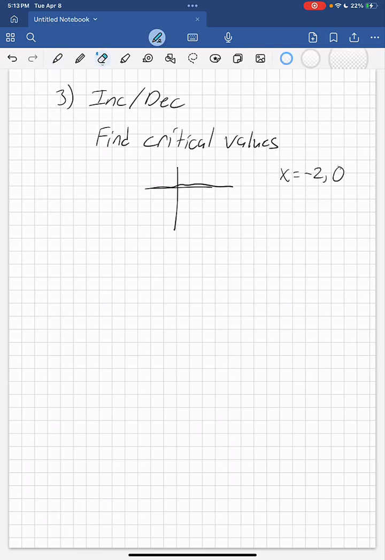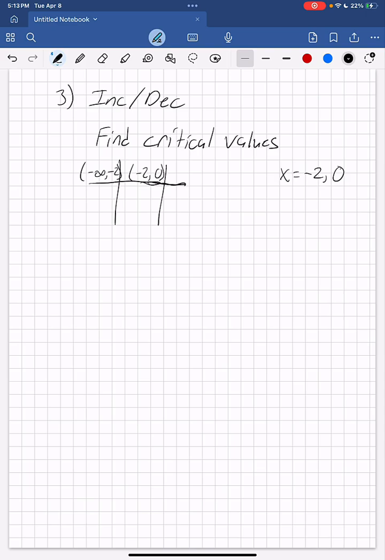If we have a quadratic and we get 2 critical values, then I would set up my table and I would look from -infinity up to -2. Then I would look from -2 to 0, and then from 0 to infinity. And what I'm looking at is my derivative, my f prime of x. So when I find my derivative, I'm going to plug these numbers back in. I pick a huge number between -infinity and -2, like -100, and plug it into my derivative.